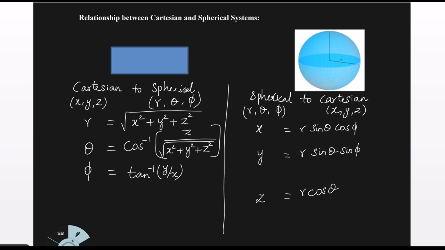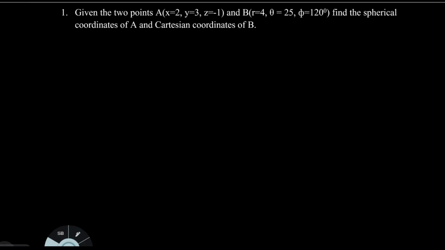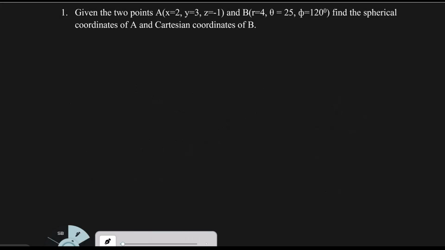Let's solve one problem. Problem 1: given the two points A of x equals 2, y equals 3, z equals minus 1, and B of r equals 4, theta equals 25, pi equals 120 degrees.